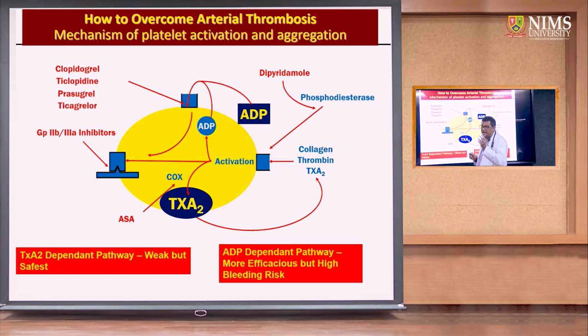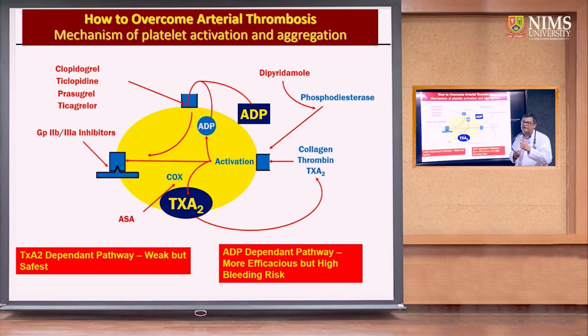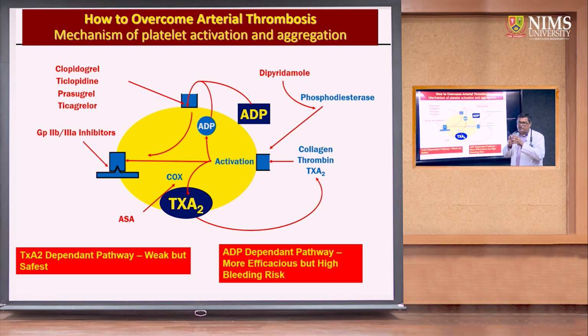GP2B3A is the site where this thrombus formation happens. It is the actual part where the thrombus will fix. Every cell has this, particularly the platelets have this GP2B3A receptor, and this is the final common pathway. So if you can block this pathway, then you can prevent the clot from forming.